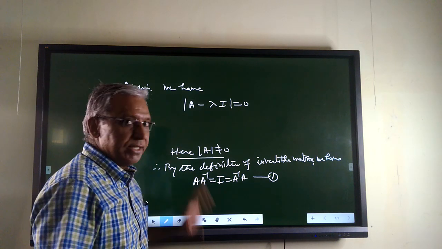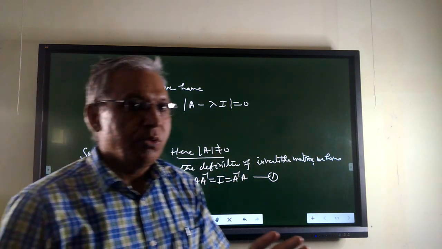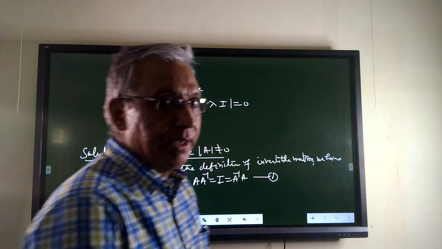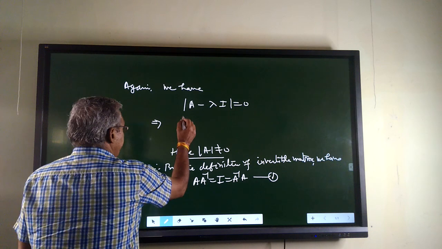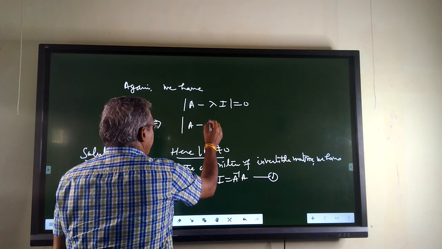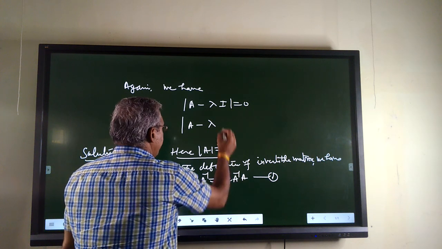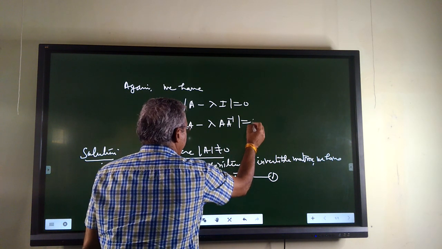Here A is a given matrix and lambda denotes the eigenvalue of the given matrix A. Using this relation, we can write I as A inverse A, and this equals 0.